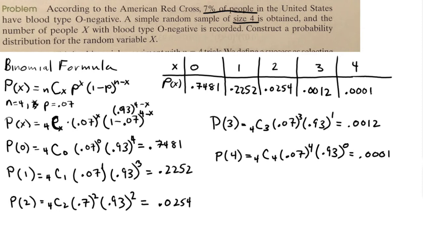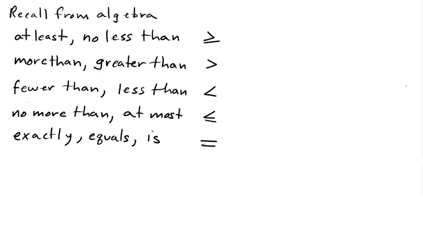Okay, so now before I go on to what I want to go on to next, which is going to involve looking at some word problems, I just want to remind you of some language from algebra. When you see the words at least or no less than, we're talking about greater than or equal to.